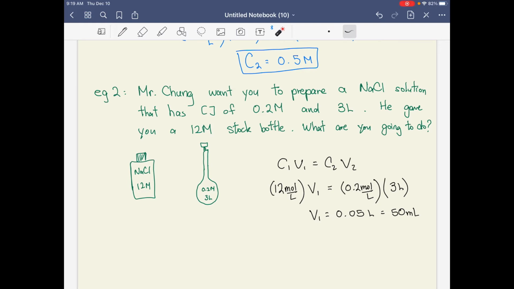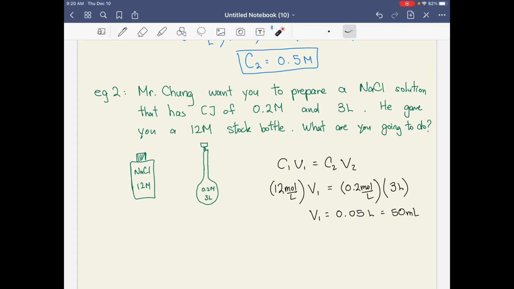Just saying 50 milliliters is not going to get you full marks. So what is this 50 milliliters? It means you're going to take 50 milliliters out of your stock and put it into your flask. Then you're going to add enough water in here to make it 3 liters.